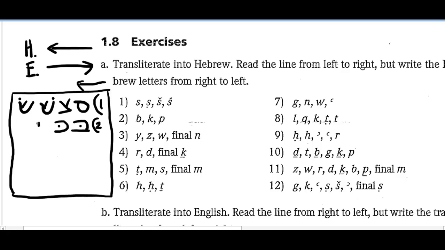The pei, is that a begadkepat letter? Absolutely, but there's no line under the pei, so the Hebrew needs a dot. Remember, plus dot in Hebrew means minus line in English. Minus dot in Hebrew is plus line in English. So make sure that you put these in the right order. The pei here is not specified as a final pei, so we're going to put the non-final pei here.